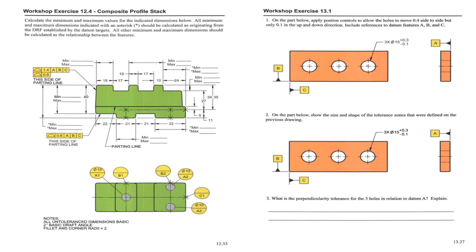I can say the position tolerance on this side is 0.1. It's the up and down tolerance, and the side by side tolerance we can show here, like this. It's 0.4, the side by side position tolerance.